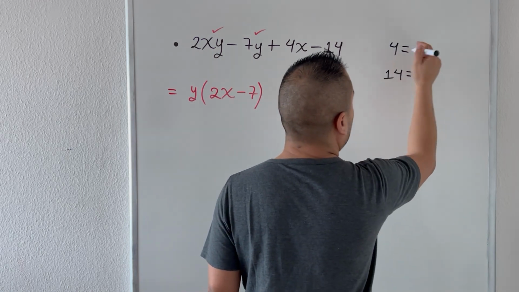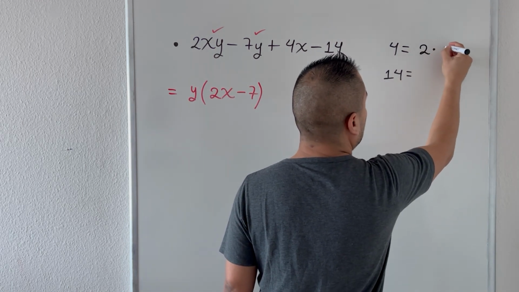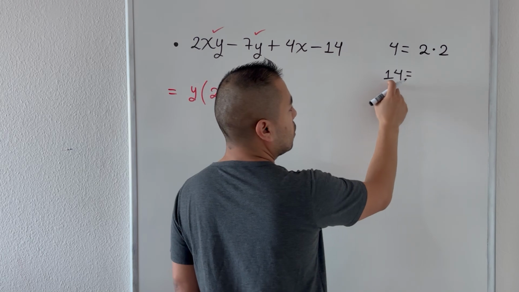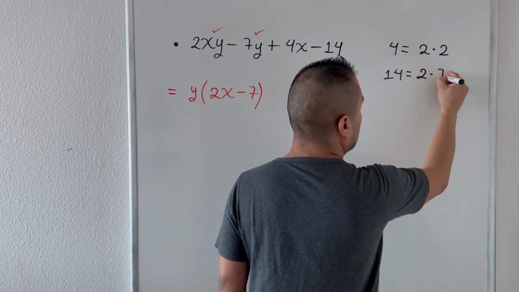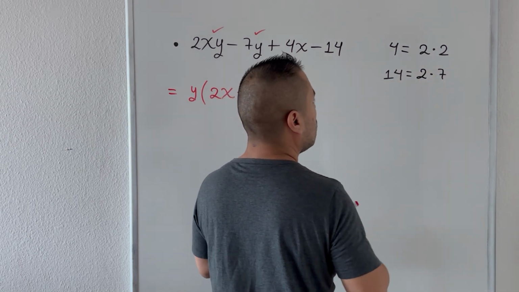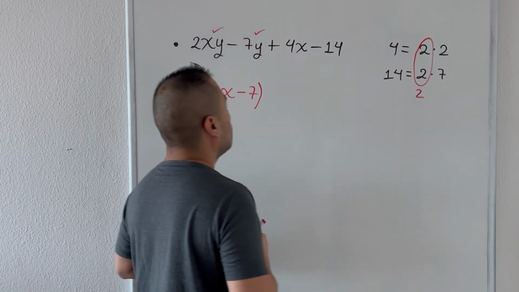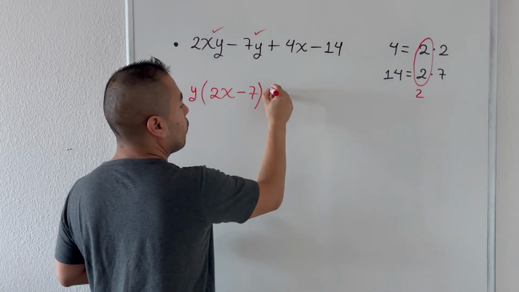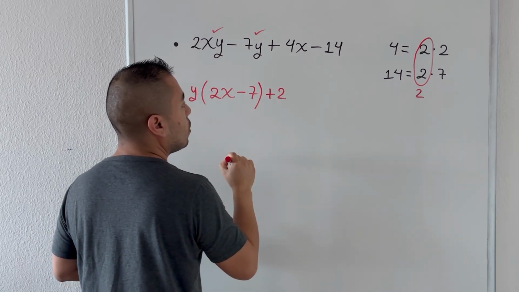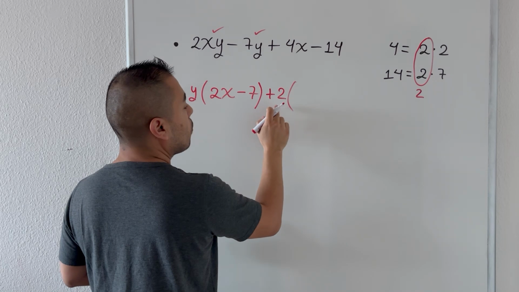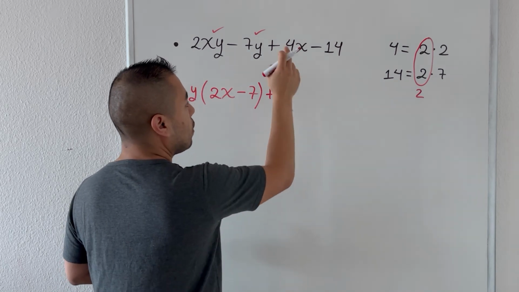The number 4 can be expressed by 2 by 2, and the 14 can be expressed by 2 by 7. So the common factor between them will be 2. Then I will write here plus 2 that multiplies something in here that give us the 4x.